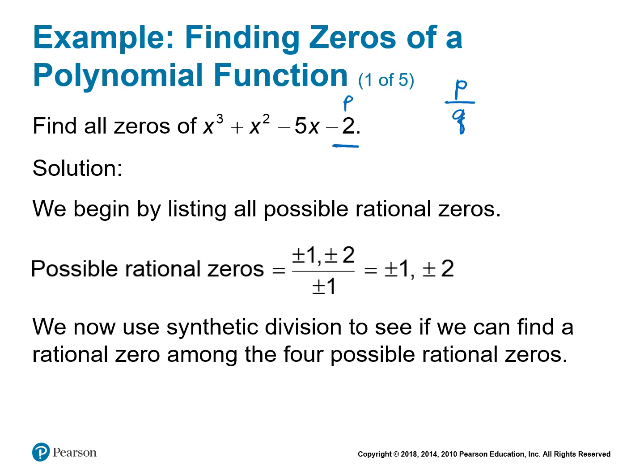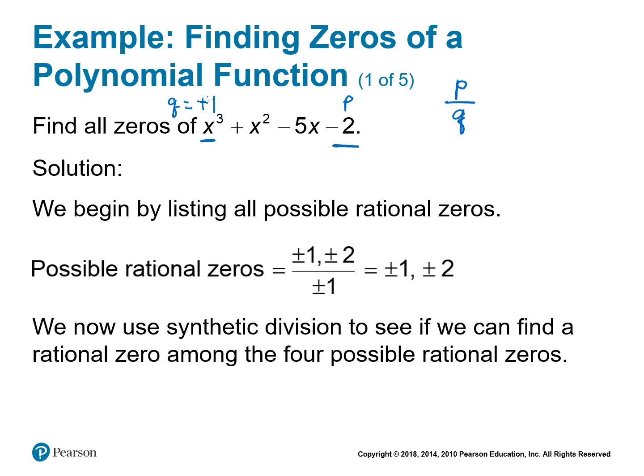Q is the coefficient of the first term of our function. In this case, the first term has a coefficient of plus 1. It's positive 1, and that is our Q. So let me write that here. Q is equal to plus 1.